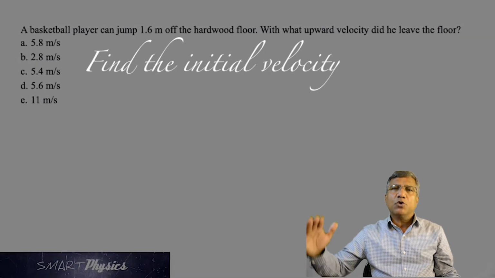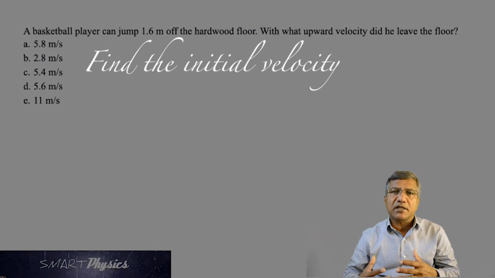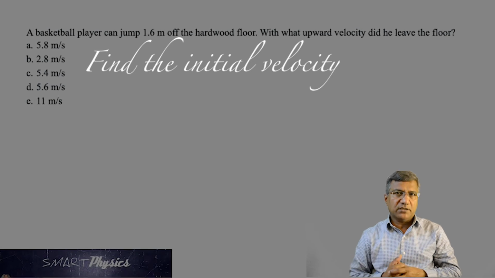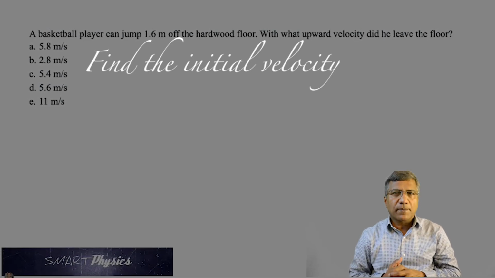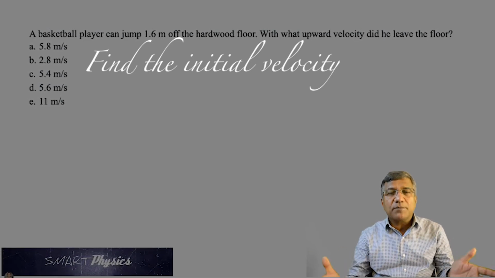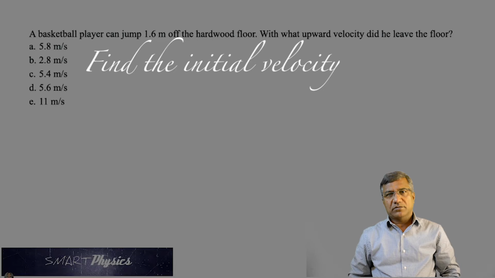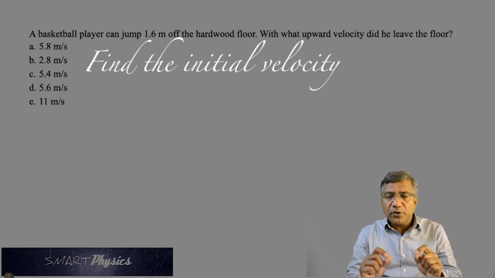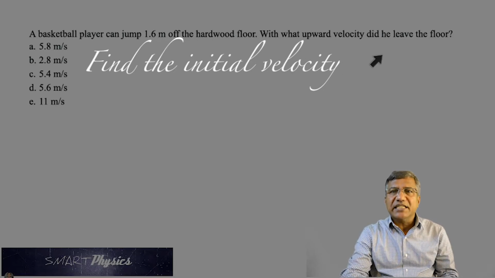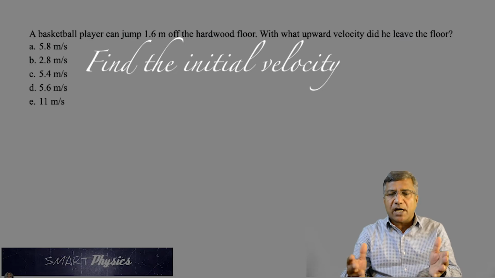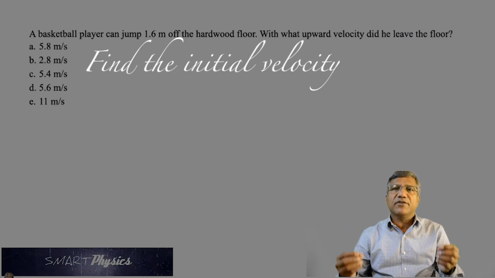But if he has to go up, he has to give himself a certain velocity, and it can't be 0. Remember, whenever an object is going up against gravity, its initial velocity cannot be 0. So you got to find that initial velocity. With what upward velocity did he leave the floor?